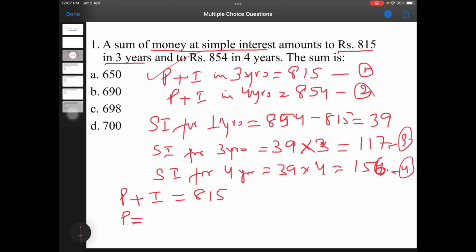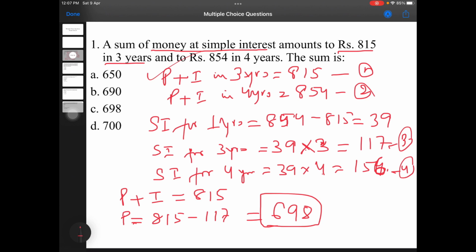So principal equals 815 minus 117, since the interest when we shift it towards the right hand side will become minus. So 815 minus 117 will be equal to 698. So 698 is the principal amount which at simple interest amounts to 815 in 3 years.